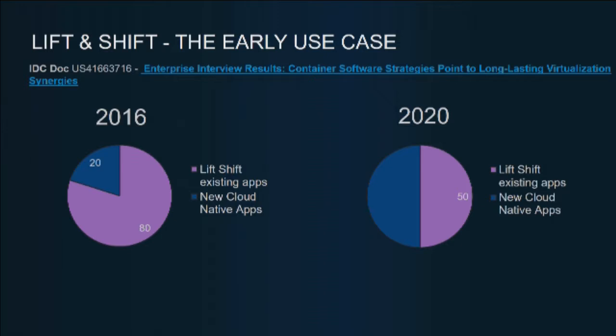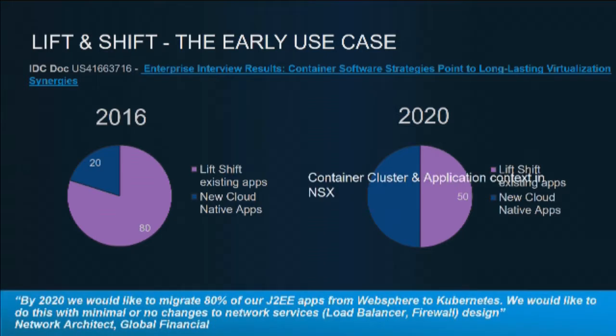So what this really implies is a lot of administrators said, we would like to reuse our existing investments in tools and processes, right? It could be load balancers, it could be firewalls for this new infrastructure. So we spoke to this large financial institution in the UK.